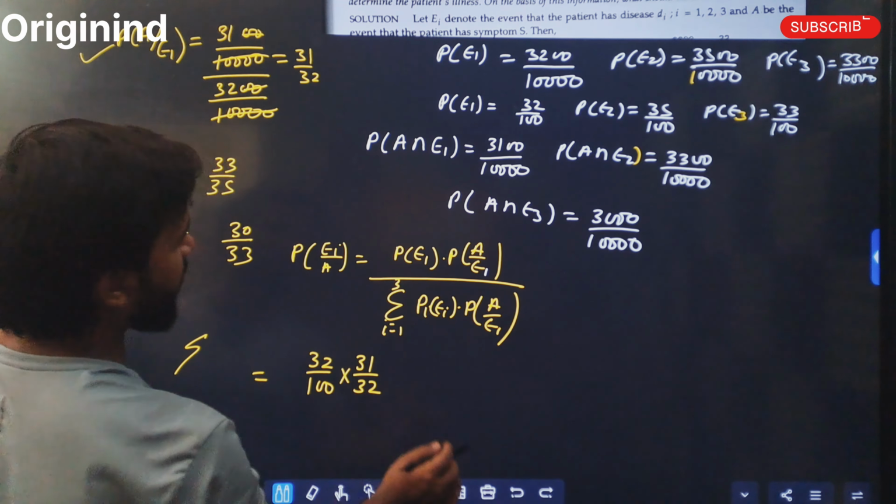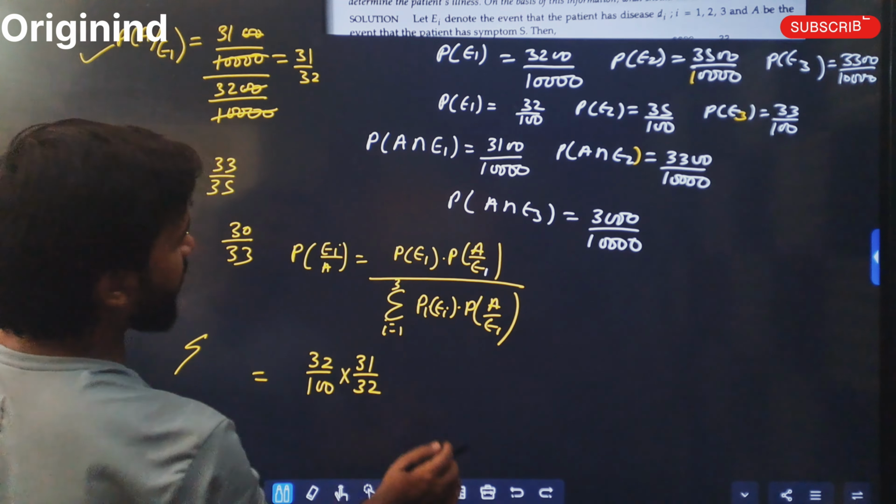The summation of P of Ei times P of A by Ei is 32 upon 100 into 31 by 32, plus the second condition, 35 by 100 into P of A by E2, 33 by 35, plus the third condition, 33 by 100 into 30 by 33.